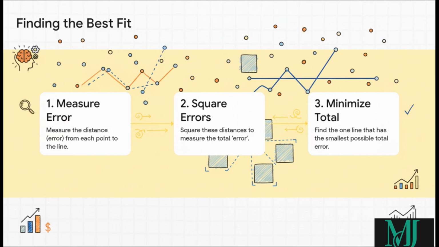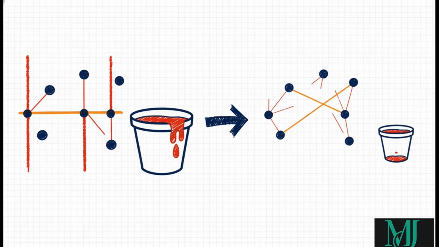Second, it squares all those errors. This is a slick little math trick that makes sure all the errors are positive and really penalizes the big misses. And finally, it just keeps adjusting the line, nudging it up, down, changing the angle until it finds the one single line where the grand total of all those squared errors is as small as it can possibly get. And this total error score, it's got a fancy name, the cost function.